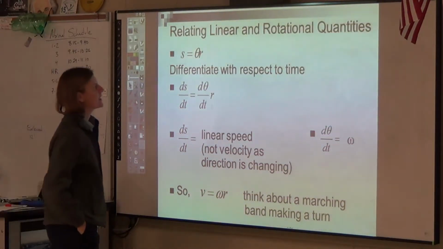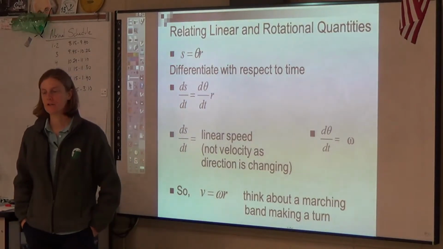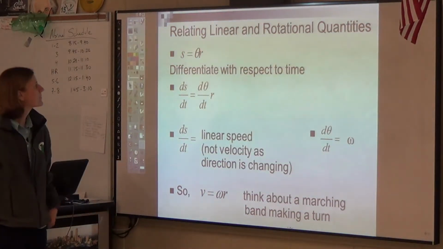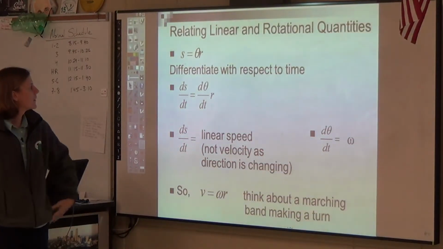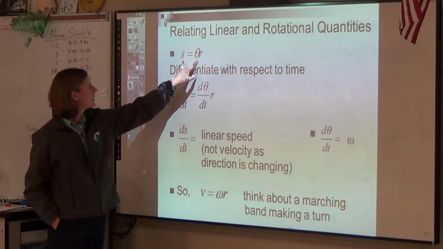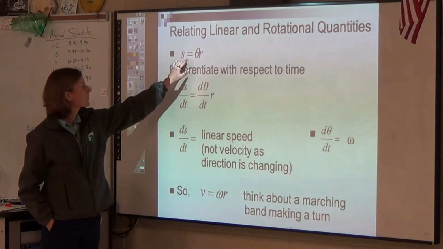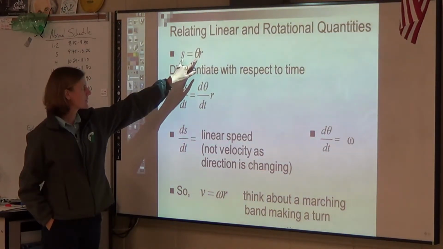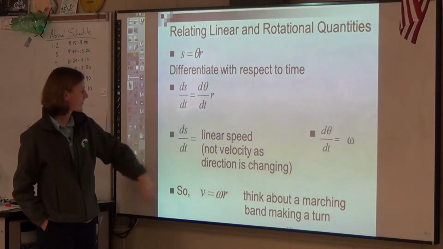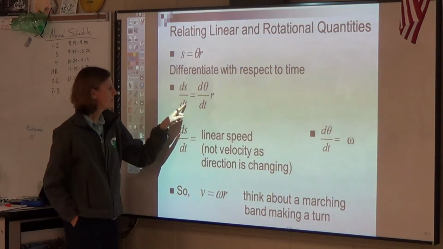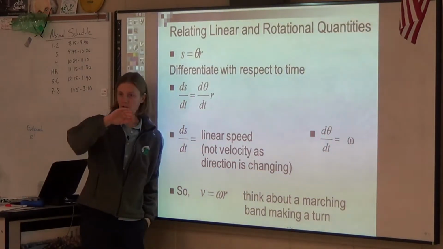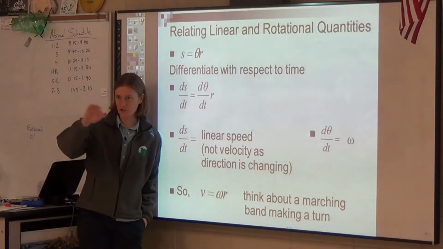All right, a couple slides on relating our linear and rotational quantities. We're going to start with our arc length formula. And I'm just going to take the derivative of both sides with respect to time. And if we look here, the derivative of the arc length is essentially your linear distance.